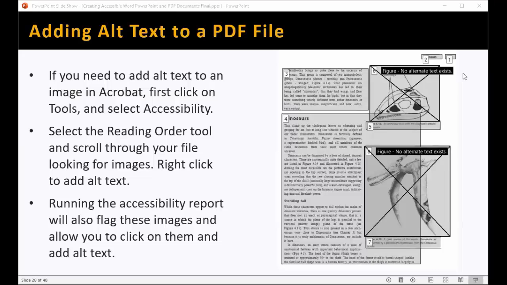If you were adding alt text to a PDF file, we use Adobe Acrobat as our PDF editor program. If you need to add alt text to an image in Acrobat, you are first going to click on Tools and then select Accessibility Tools, and then you'll be able to turn on the Reading Order tool.